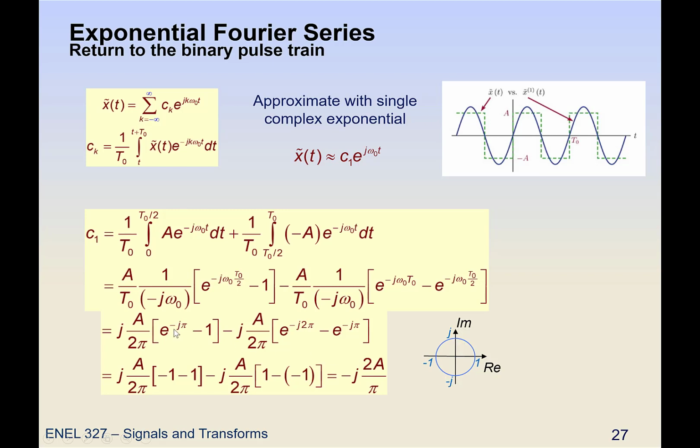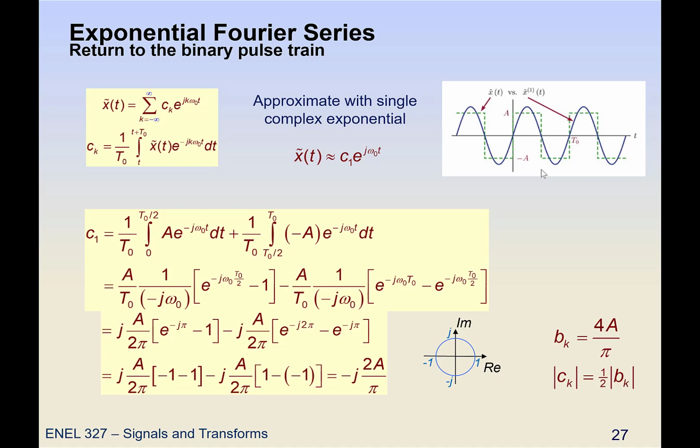So this is at an angle of minus pi, which is all the way over here, so it's actually equal to minus 1. This is equal to 2 pi, so we've basically gone all the way around and returned back to 1. This is equal to minus 1 as well. And so when you solve all of that, you just get this for the first coefficient in the exponential Fourier series of this binary pulse.